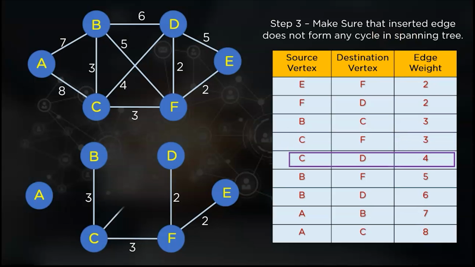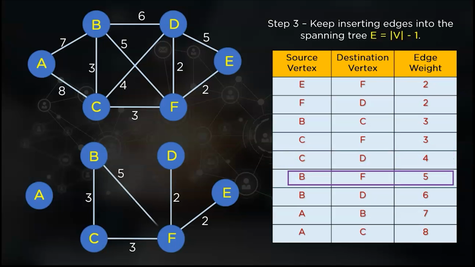The fifth edge that we are going to pick is edge CD, having weight 4. But the inclusion of this edge inside our spanning tree will create a loop, and a structure that contains a loop can never be considered a tree. Hence, we have to exclude this edge. The next edge is edge BF, and the inclusion of this edge will also generate a cycle in our spanning tree structure.